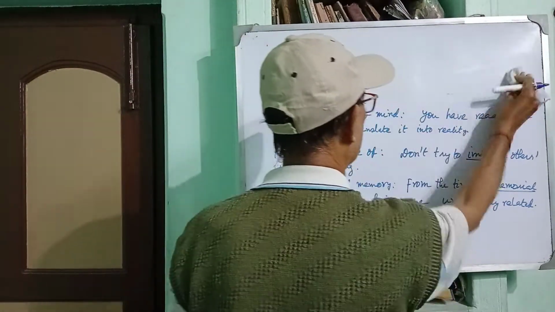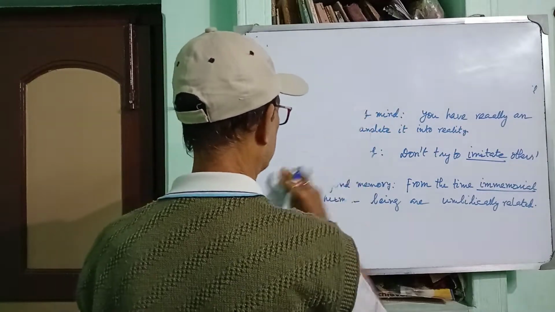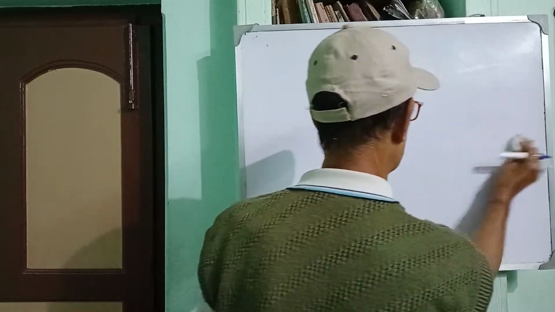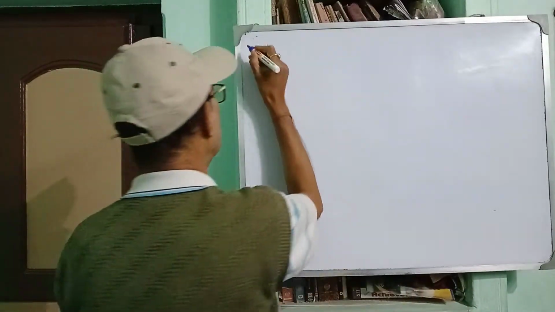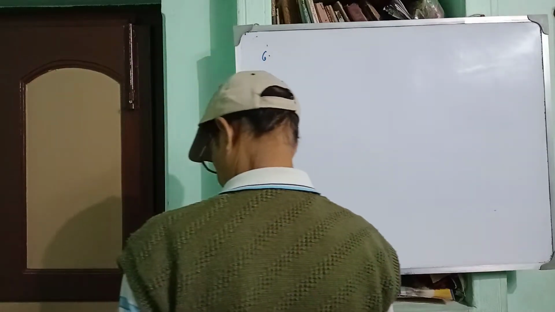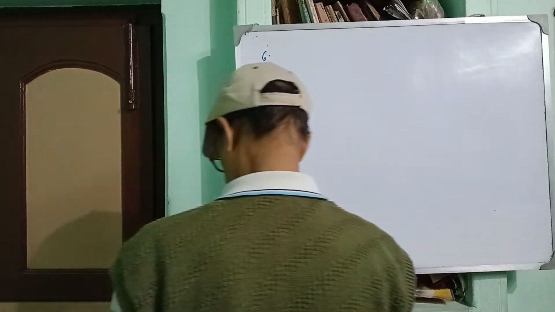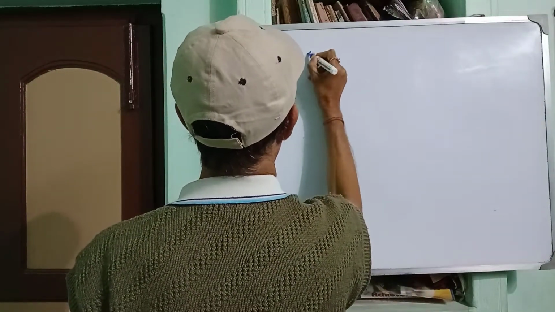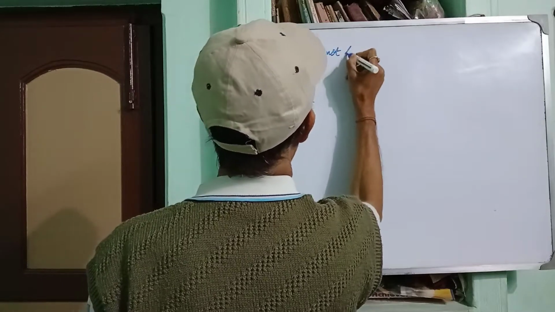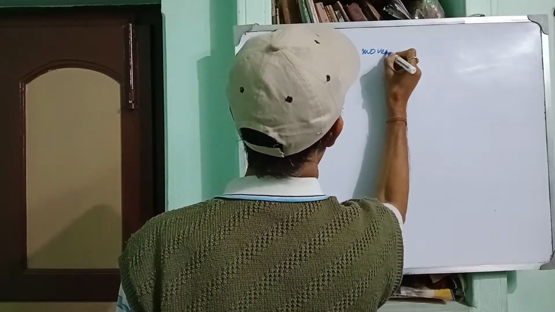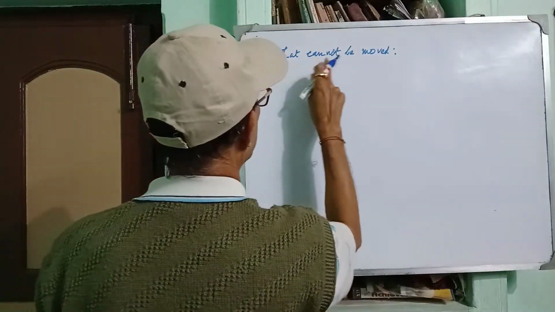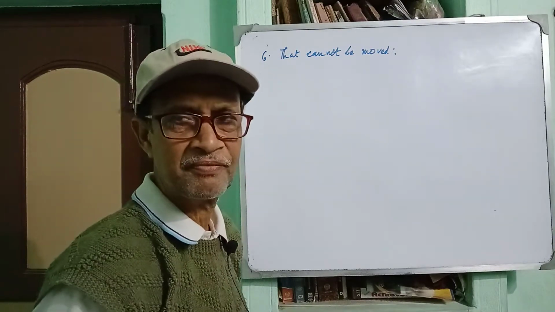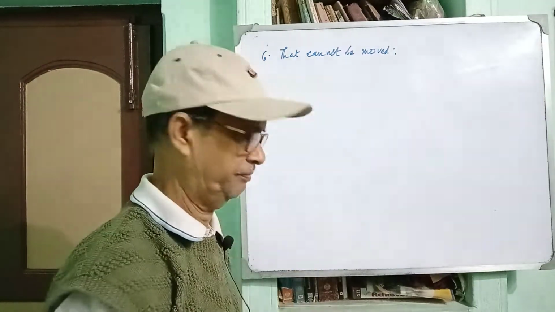Now come to the 6th example. For example, that cannot be moved. Okay? 1, 2, 3, 4. There are 4 words. And these 4 words can be replaced by a single word.